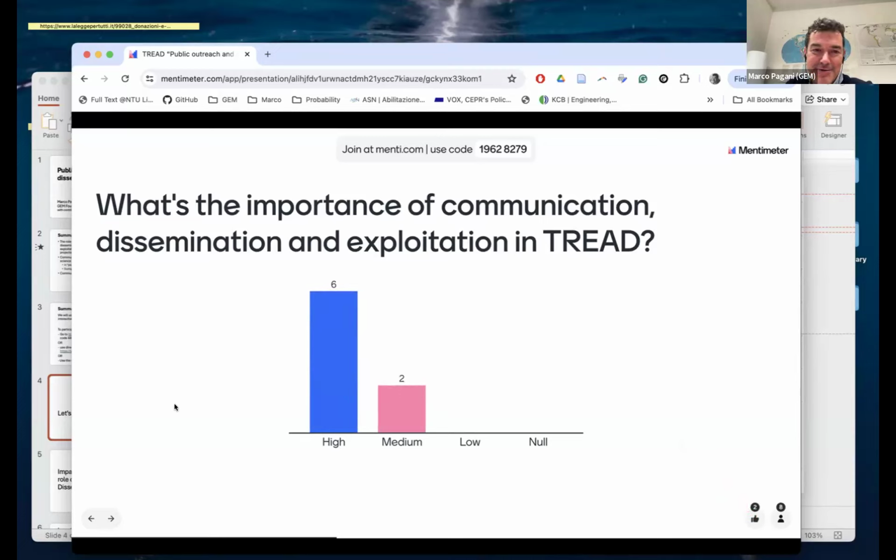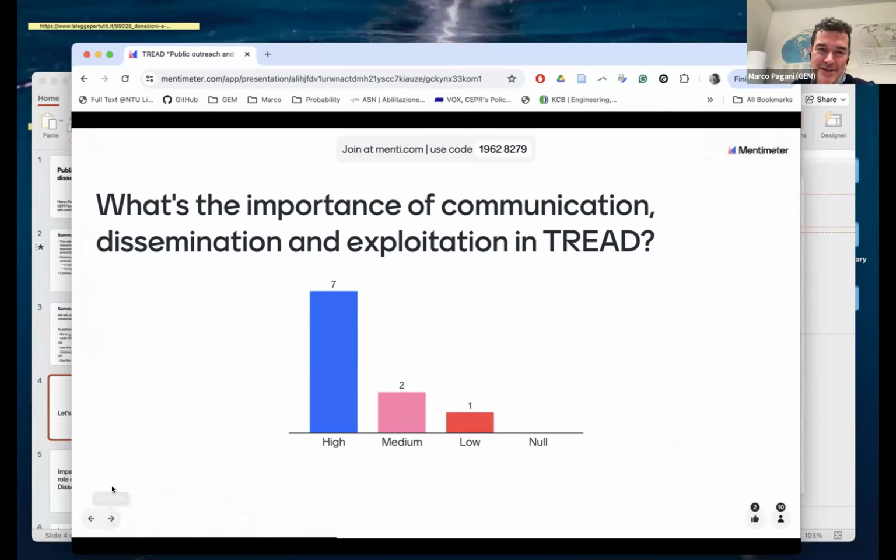Okay, that's actually quite encouraging, because we are already recognizing the importance. There's one that says low, okay. But then, Marco, since the 3 are different, we could provide 3 different answers. Of course. But I would say that on average, we are already recognizing the importance.